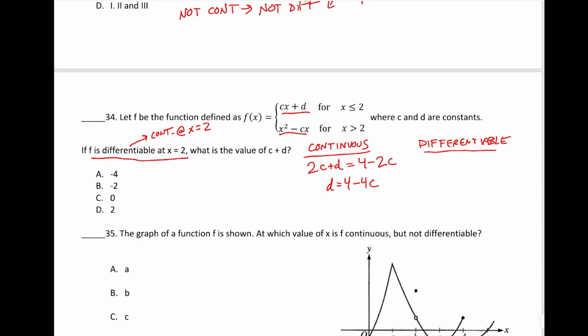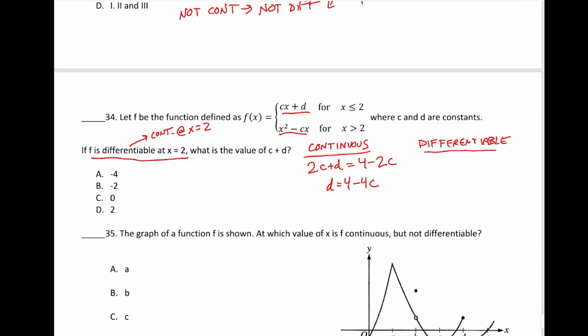Now let's come up with an equation based on the fact that we want this to be differentiable at x equals 2. We'll have a very similar setup here, but instead of setting the actual equations equal to each other, we're going to set the derivatives of those pieces equal to each other and still plug in 2 for x. I'll do the plug in 2 separately here, because I don't want to do too much at once.